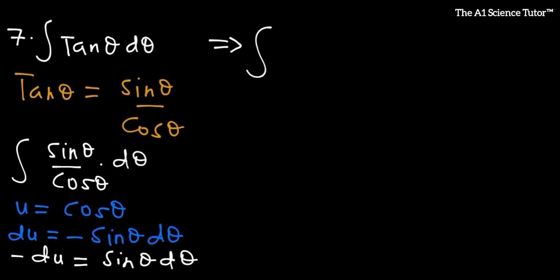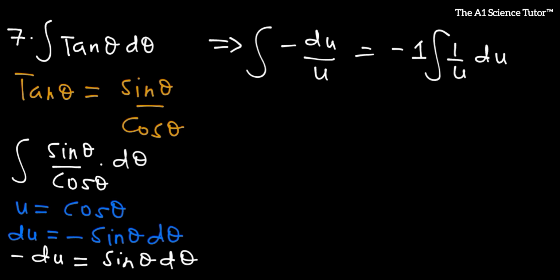So that gives us something like this. Integral. So sine theta d theta has been changed to negative du, so I just need to write that there. And over here we have a u, right? So this could be rewritten as negative 1 integral 1 over u du, basically. Now we know that the integral of 1 over u is actually going to be ln u.